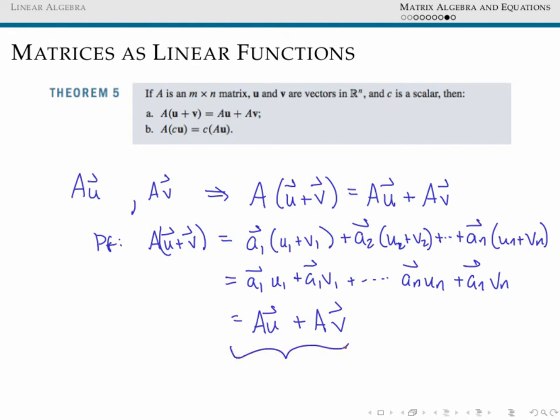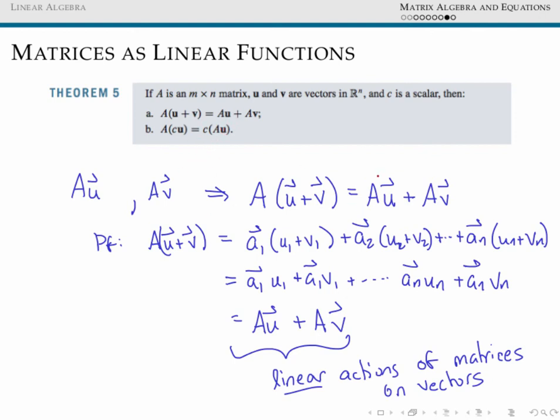And we'll return later to see how this idea of linear actions of matrices on vectors is one of the reasons that matrices are so interesting and useful, and one of the reasons they pop up everywhere. Similarly, I'm not going to prove this one here, given a scalar product of a vector, that's the same as matrix multiplication of the matrix times the vector scaled by the constant afterwards.